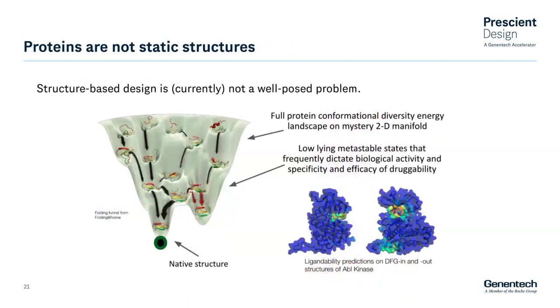The other issue, and I think this is a super interesting question for geometric deep learning, is that the way that we pose structural design problems is really not well posed. And this is, again, as was alluded to in the talk earlier, that proteins are not static structures. I think this point is starting to be more broadly appreciated, but if you actually look at how we go about conditioning, we're still conditioning in a very static way.